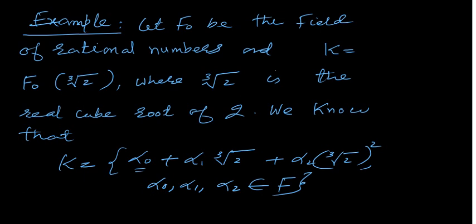Now first we check the automorphisms of K, what type of automorphisms they will be. Then we find the automorphisms of K which fix F naught.